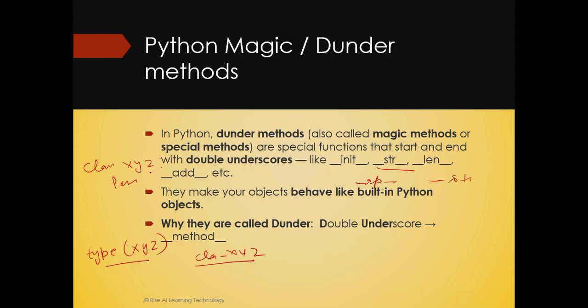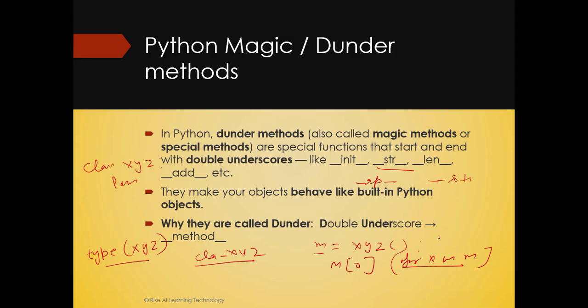Suppose this class XYZ that I created, I want to treat this class as a list. It means if I create one object M of this XYZ class, then M should be treated like a list. I can do M[0]. I can use a for loop on M, for x in M. I can iterate like it is a list. But how can I do it?